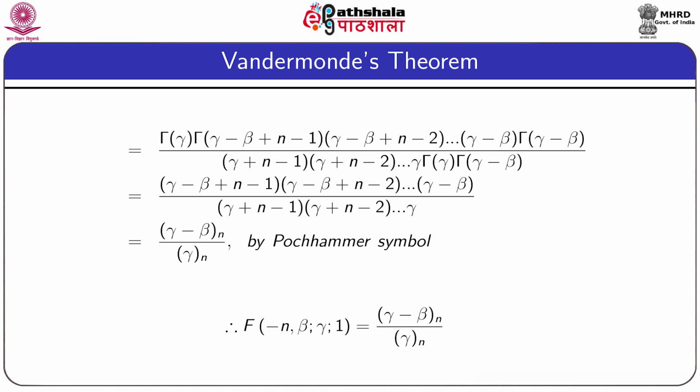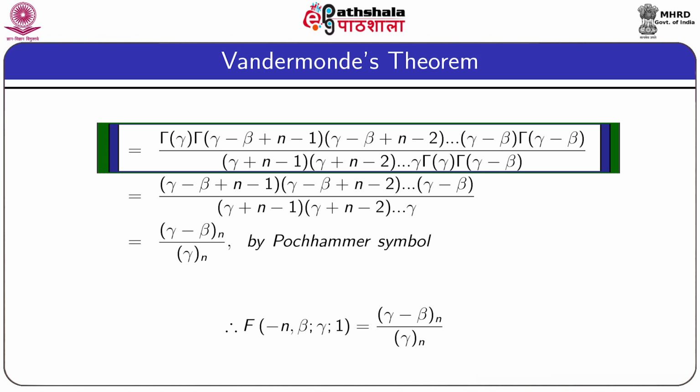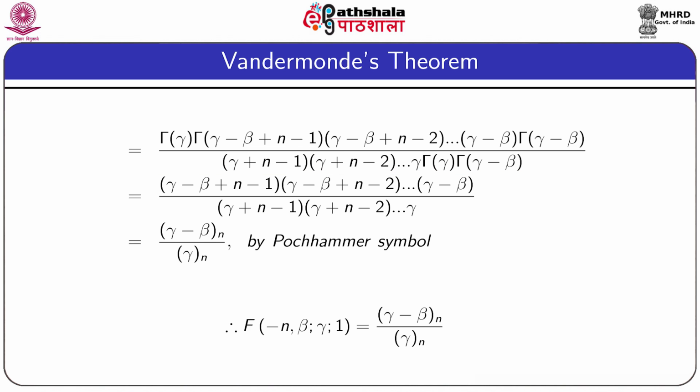Which after simplification will give gamma function gamma minus beta plus n minus 1 into gamma minus beta plus n minus 2 dot dot dot gamma minus beta into gamma function gamma minus beta divided by gamma plus n minus 1, gamma plus n minus 2, dot dot dot gamma and gamma function gamma minus beta, and which can be simplified, and using the Pochhammer symbol we will get gamma minus beta suffix n divided by gamma suffix n.